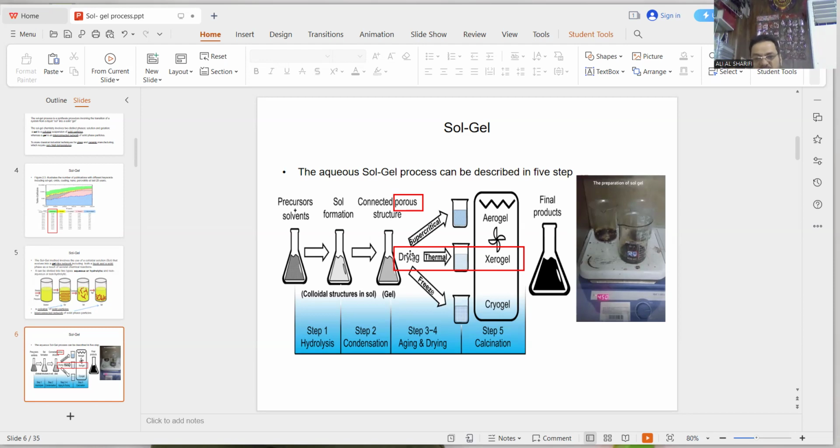After that, I increased it to more, like in this picture at the gas room. It was approximately 450. You can have the final products. Final products will be like carbon.